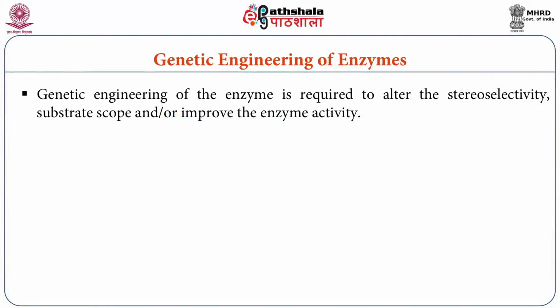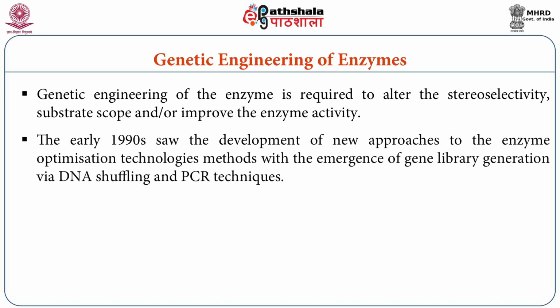Now, let us see genetic engineering of enzymes. Genetic engineering of the enzyme is required to alter the stereoselectivity, substrate scope and also to improve the enzyme activity. During the early 1990s, we saw the development of new approaches to enzyme optimization technologies, with the emergence of gene library generation via DNA shuffling and PCR techniques.